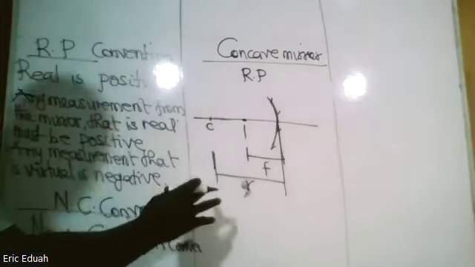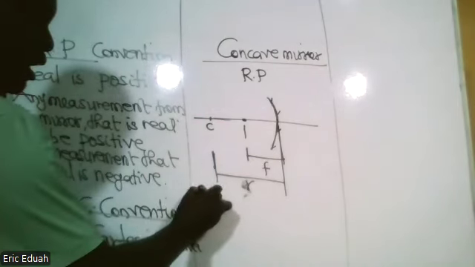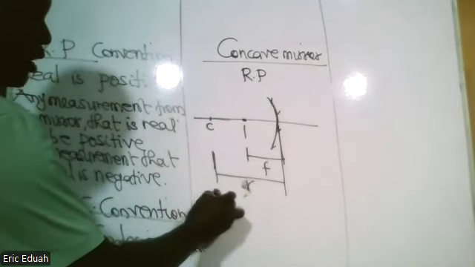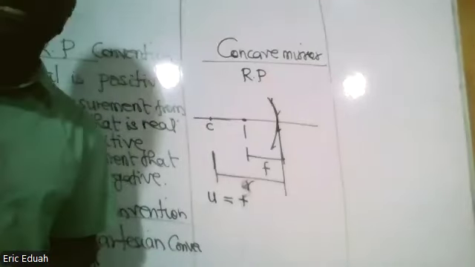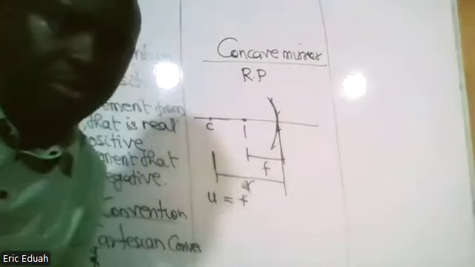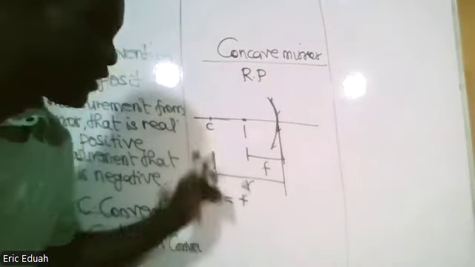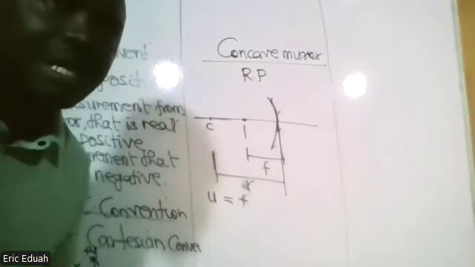So because of this fact, for a concave mirror, U is positive because an object placed in front of the mirror is always real. We don't put virtual objects. How can virtual objects be placed here?